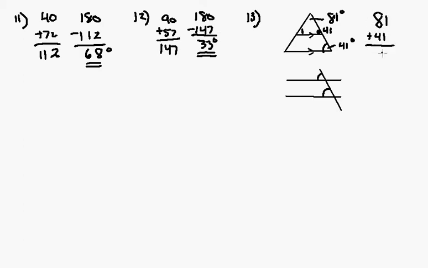And if I subtract 122 from 180, 10 minus 2 is 8, 7 minus 2 is 5, 58 degrees. So this angle 1 right here then would be 58 degrees. That's number 13.